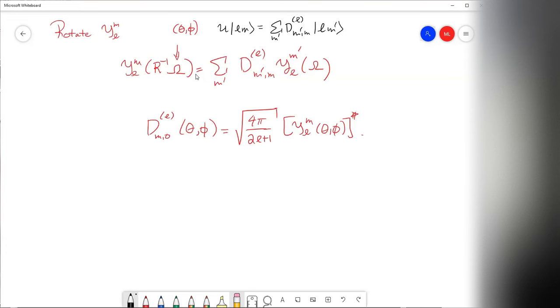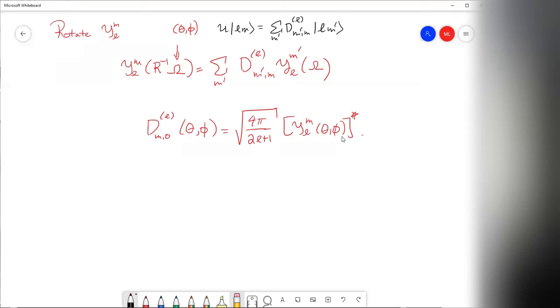Obviously the spherical harmonics have to rotate in exactly the same way because they're just the LM states, but in a coordinate representation, but they still rotate the same way. So you still use those Wigner D matrices to rotate them around. And because the D matrices are just the matrix elements of the exponentiated angular momenta, you can derive how the D matrices, this is just the zero component here, are associated with the spherical harmonics themselves.